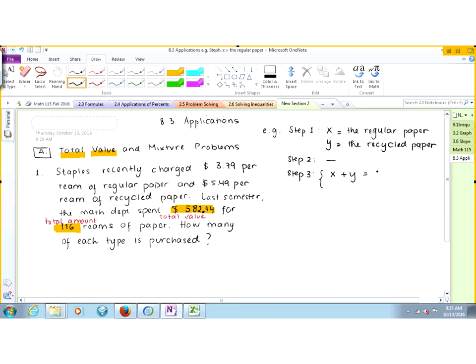Yes, X plus Y is equal to 116. Maybe we have to write the whole thing, the amount of regular paper plus the amount of recycled paper, equal to 116. Maybe that's easier for you. Okay, now this is talking about the amount. Now let's talk about the value. So how much is each regular paper?